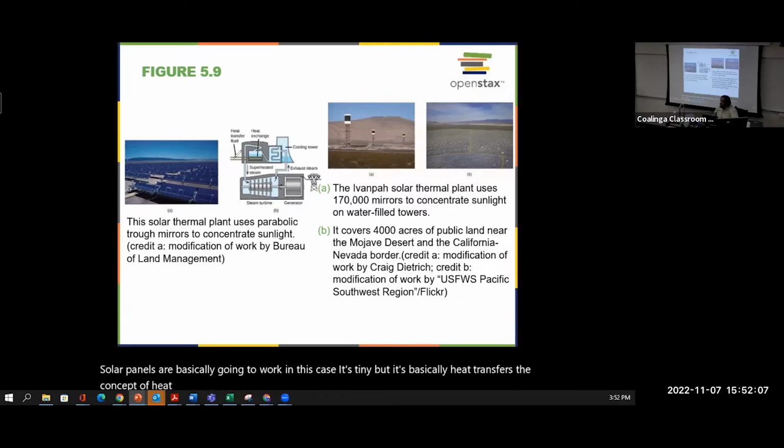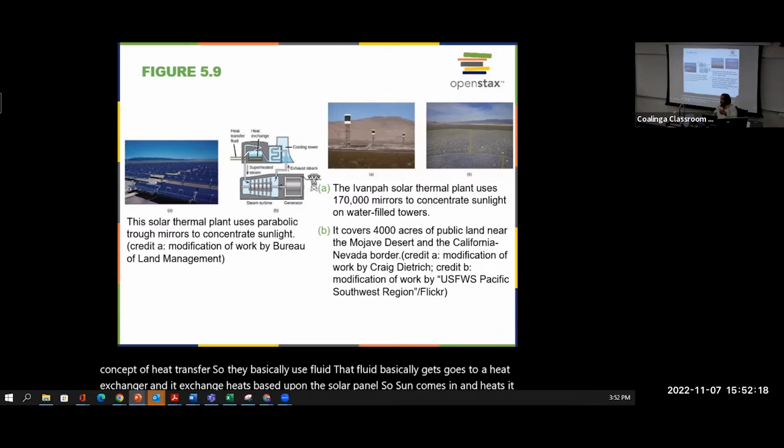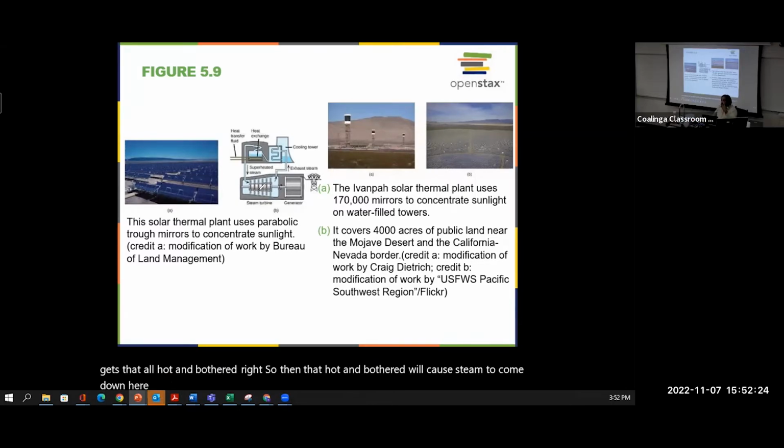They use a fluid. That fluid goes to a heat exchanger, and it exchanges heat based upon the solar panel. The sun comes in and heats it up, and that causes steam to come down here. It causes that turbine to move, creating energy. We store it in a generator, and then we're able to make power.